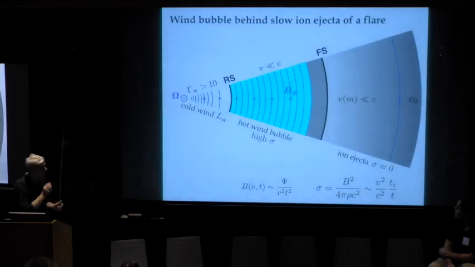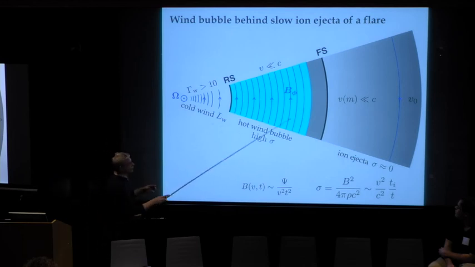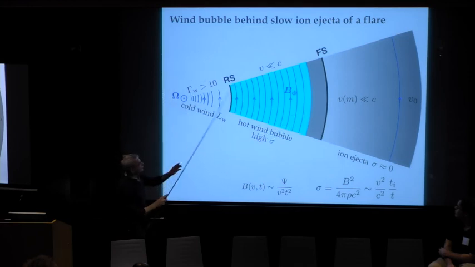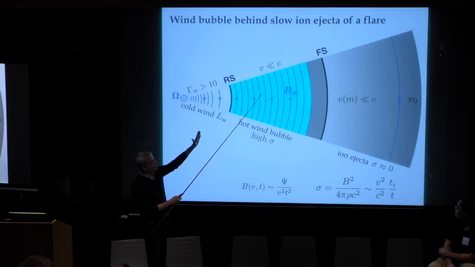And two, you cannot actually go easily into the ambient ion material in this picture, because whenever you have a magnetar spinning down and producing a wind, this ion material is always protected by the wind. There is a wind bubble behind the ion ejecta.